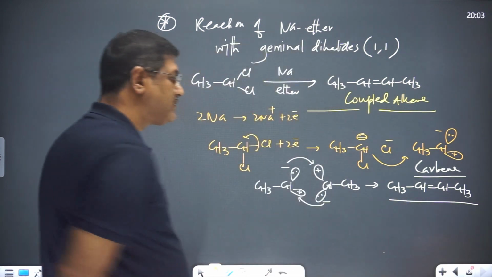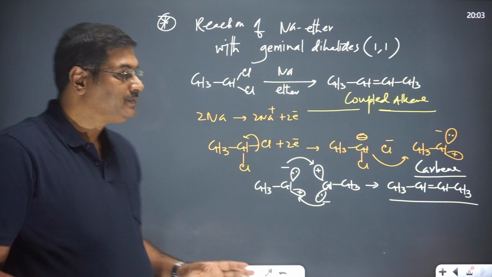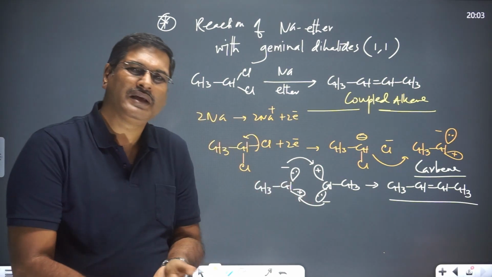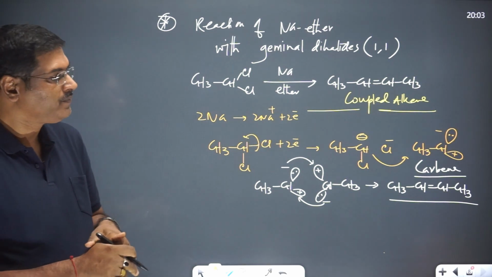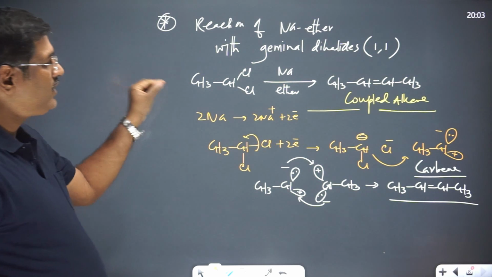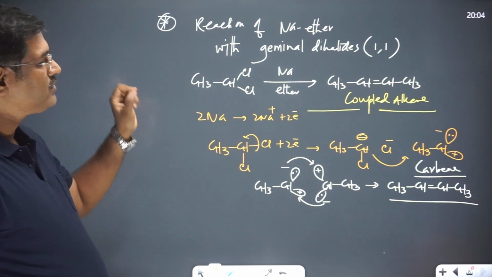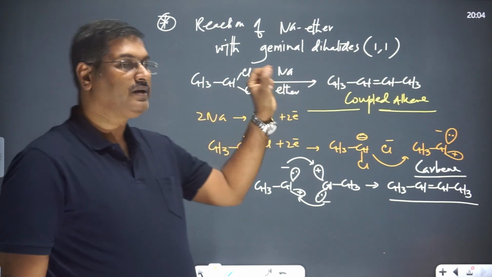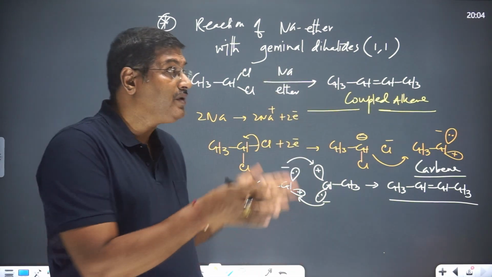Yes, this alkene forms. Understand this one, it has a different course of reaction. In this case, carbene is the intermediate. This 1,1-dichloroethane gives the coupled alkene.